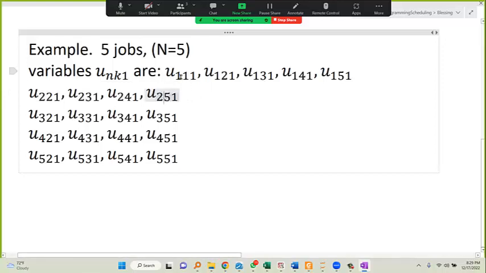Here, job 1 can be in position 1, or position 2, or position 3, or position 4, or position 5. We can't have job 1 in position 2 again because we already have that in the first arrangement. So that's why we have to start from job 2 in position 2.